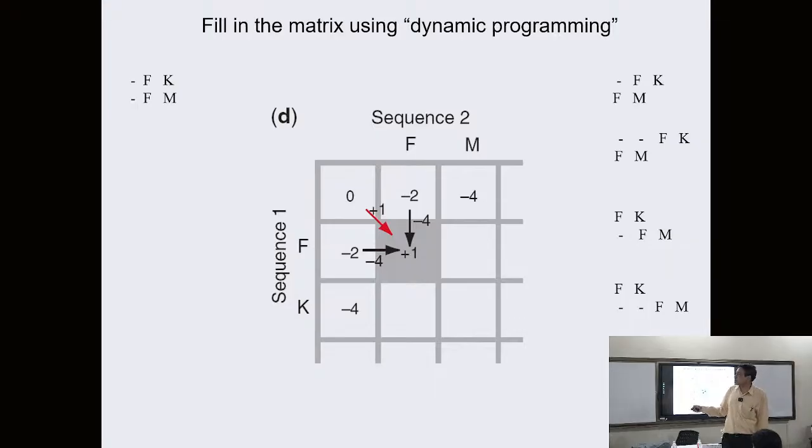So -2 plus -2 is -4. So I am going to write -4 here, and then similarly the horizontal move. Horizontal is also a gap. So -2 plus the gap penalty -2 is -4. Okay. So now you have the scores for the three moves: -4, +1, -4.